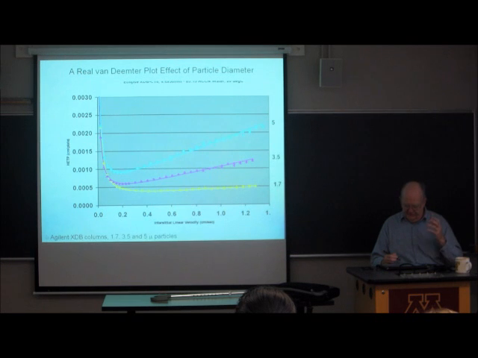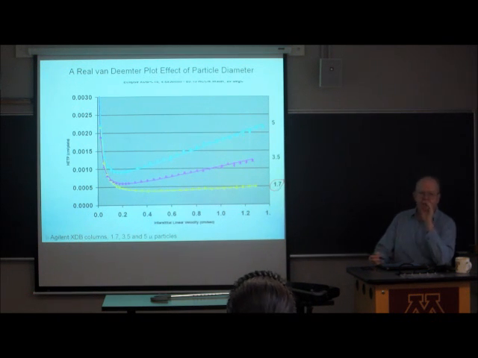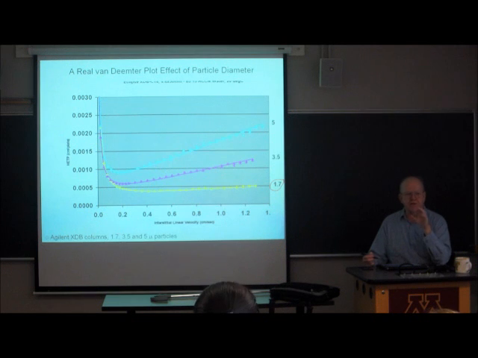And the particle is a silica particle. The data here were for particles that were 1.7 microns. I said 50 microns was the narrowest capillary you'd see in GC. This is 25 times smaller than that. Then 3.5 micron particles and 5 micron particles.